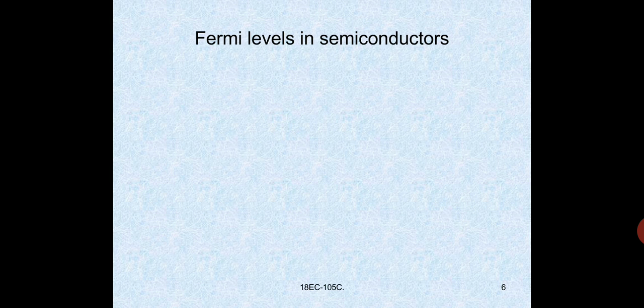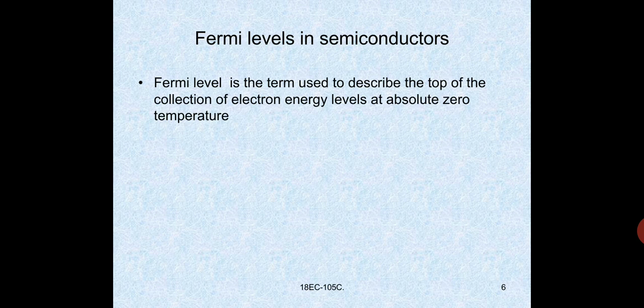Now let us look into the Fermi level in a semiconductor. Fermi level is a term used to describe the top of the collection of electron energy levels at absolute zero temperature.